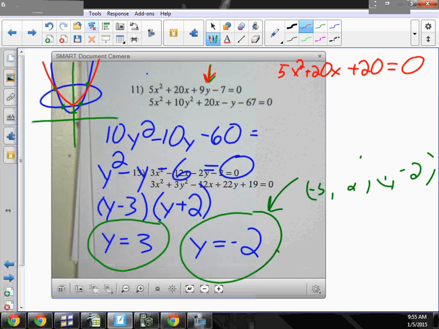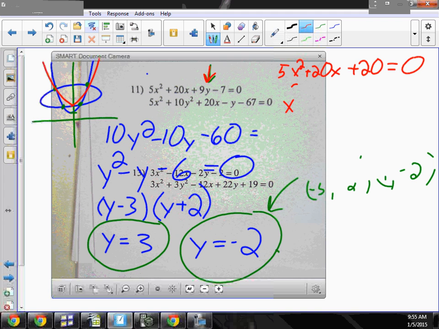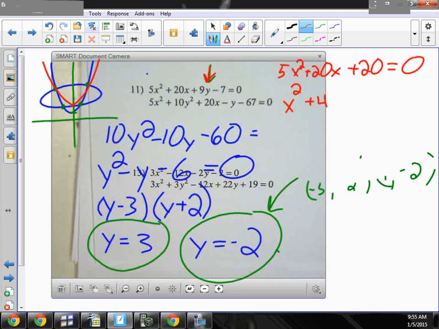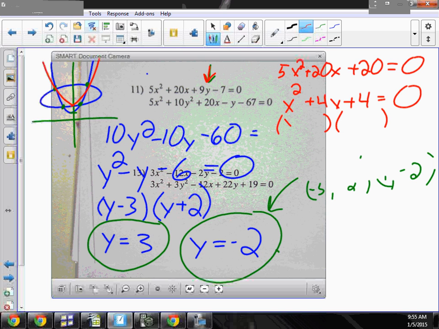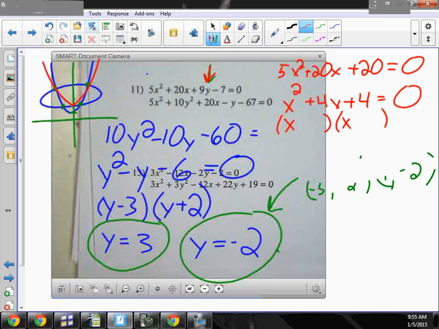Can I divide by 5? Wait a minute. Something doesn't look right. Oh, no. It'll work. So divide by 5. So we try to factor it. x and x. Are there factors of 4 that add to be 4? 2 and 2.